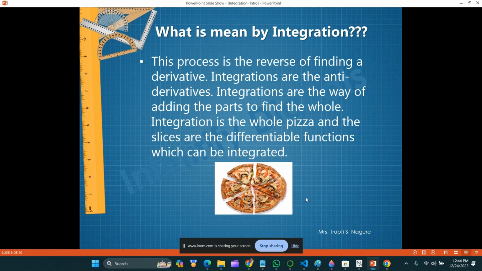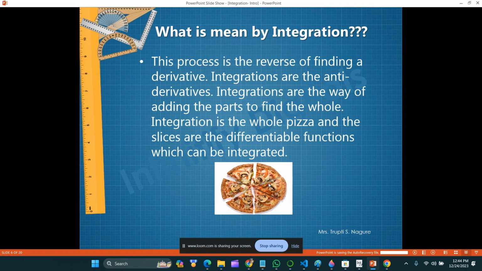Integration is the whole pizza and the slices are differentiable functions, meaning each slice is a derivative. If we add all these derivatives, we make the whole pizza. We take the addition of all these slices. This is a very interesting example.